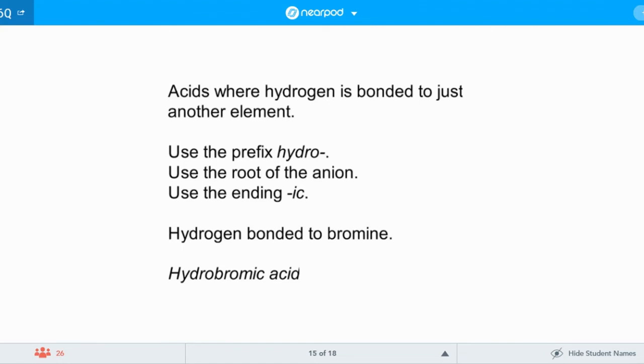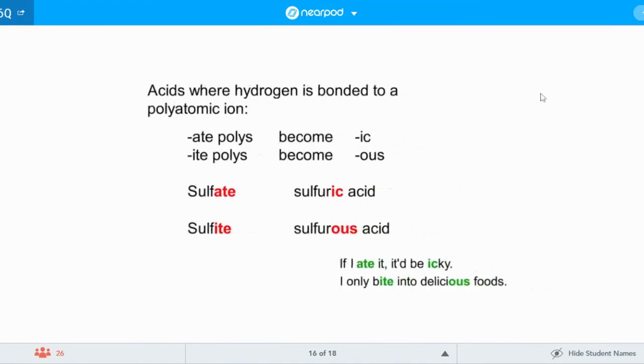Remember, our second type of acid was when hydrogen bonds to some polyatomic ions. So let's take a look at what happens to the name when it bonds to a polyatomic ion. There are two different endings to our polyatomic ions. We've got the ate endings, where we could have, for instance, perchlorate or chlorate.